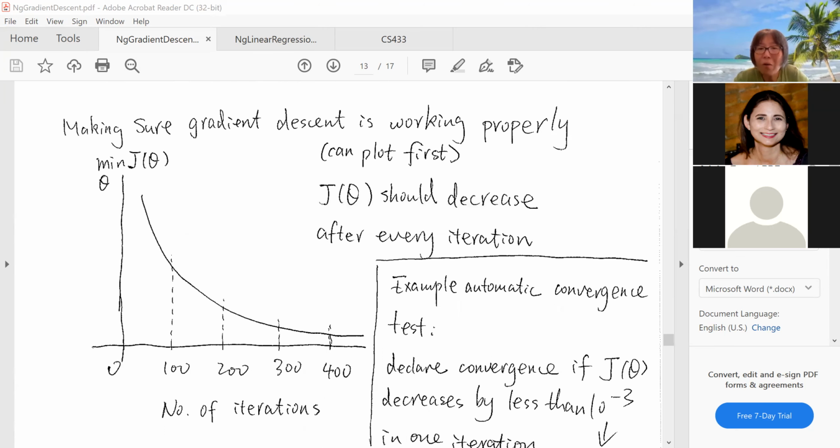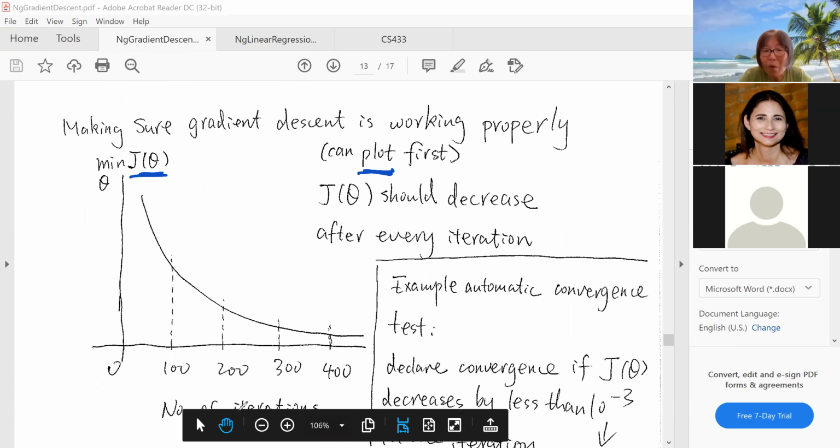How can we make sure gradient descent is working properly? You can plot the cost function versus the number of iterations.